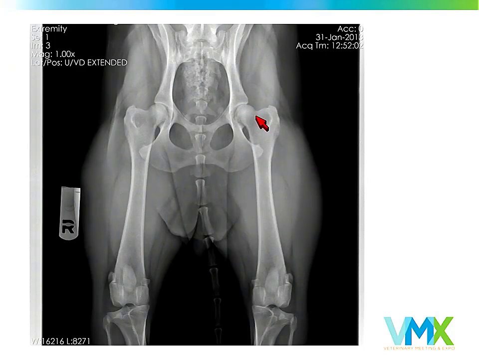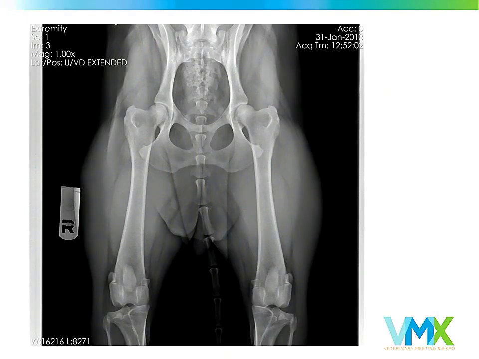The other thing to understand here is with OFA, we're the only hip registry that on dogs 2 years of age and older, number 1, we use 2 years of age as a minimum, but we're also the only registry that requires that a dog over 2 be evaluated independently by 3 different radiologists. And it's that consensus that we report to the owner. So in these examples, all 3 of the radiologists came back and said it was good.